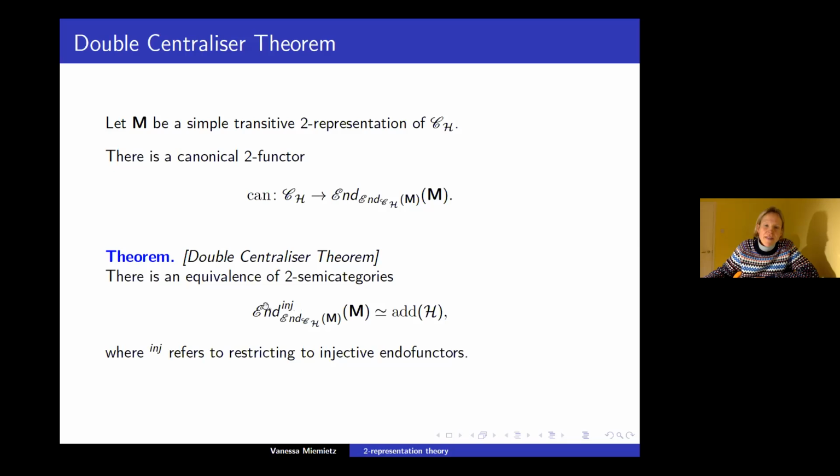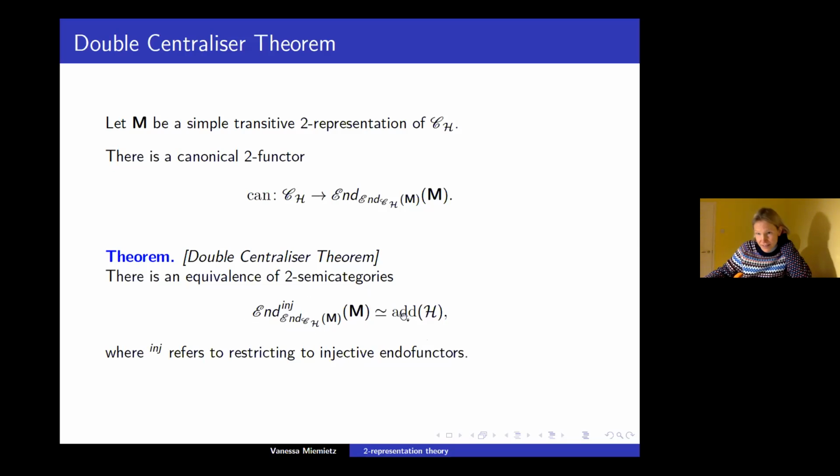So rather than just looking at endomorphisms over endomorphisms of M, we have to restrict to those which give injective endofunctors on the abelianizations of these. So that's a very technical condition. So we have to restrict to a certain sub thing here, and we can only take a_H here.